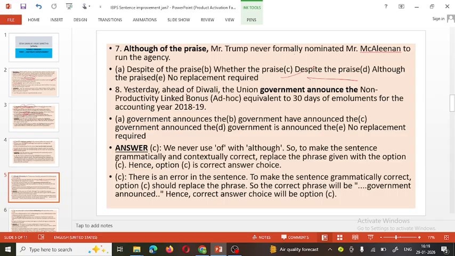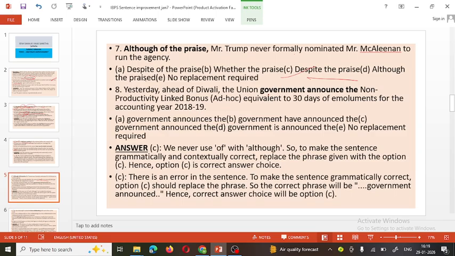Next: "Yesterday, ahead of Diwali, the union government announced the non-productive linked bonus ad hoc equivalent to 30 days of emolument for the accounting year 2018-19."